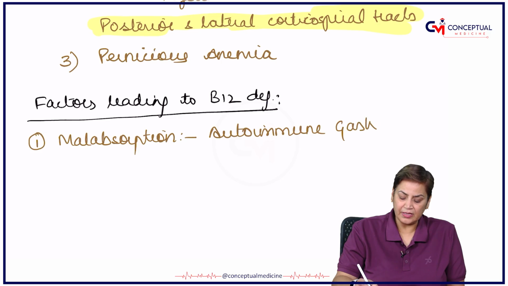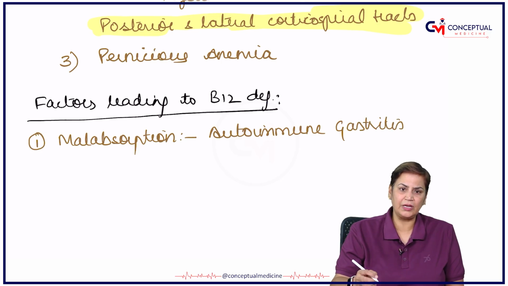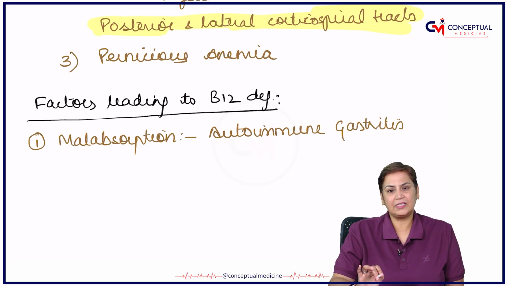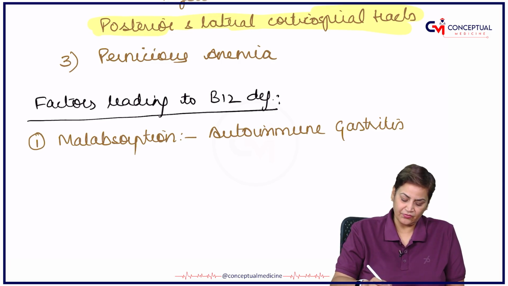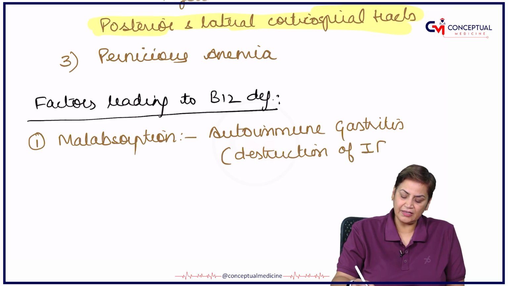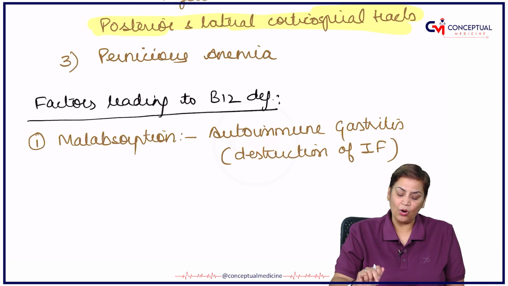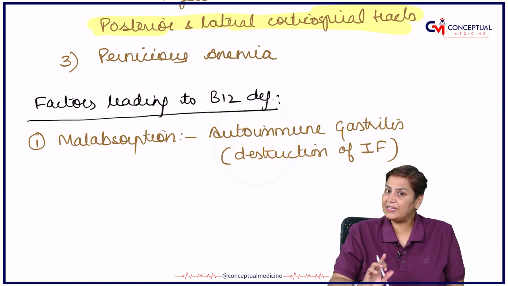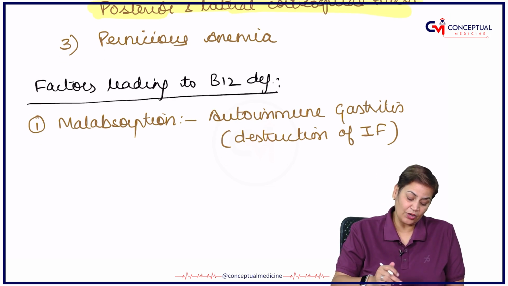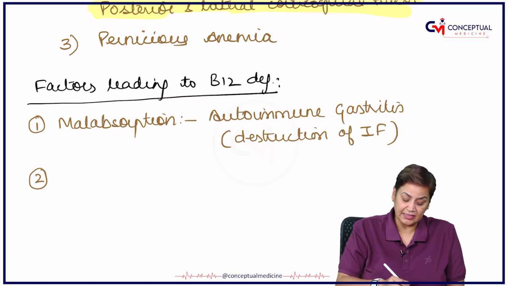Now there are so many reasons to it, but in general if we say autoimmune gastritis, when there is destruction of the intrinsic factor, because I told you the maximum absorption of vitamin B12 always takes place in the ileum. So it will lead to autoimmune gastritis, or you can say in Crohn's disease.